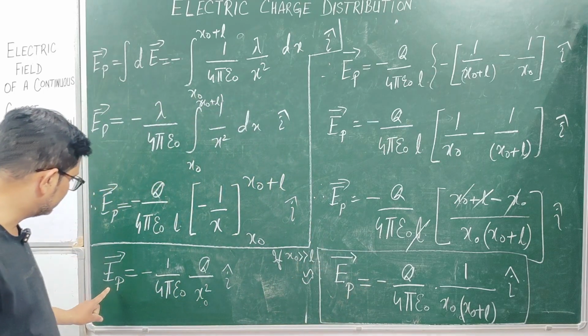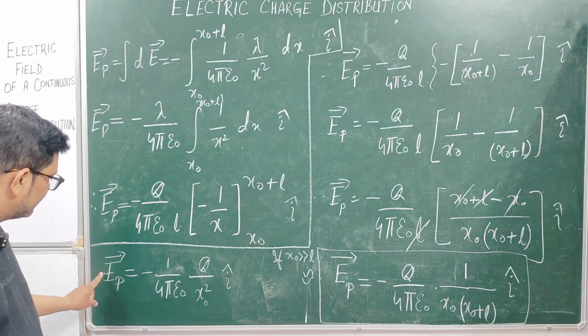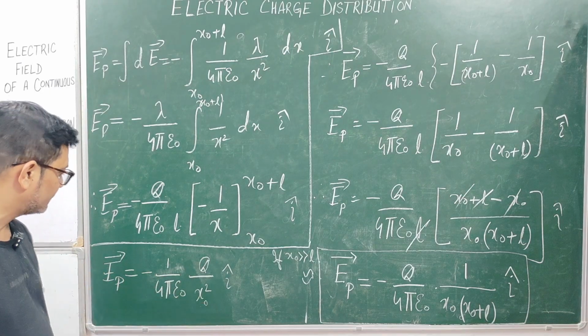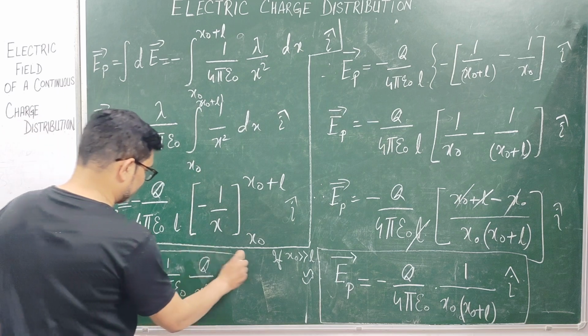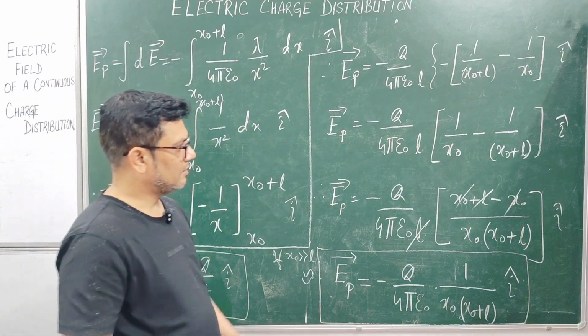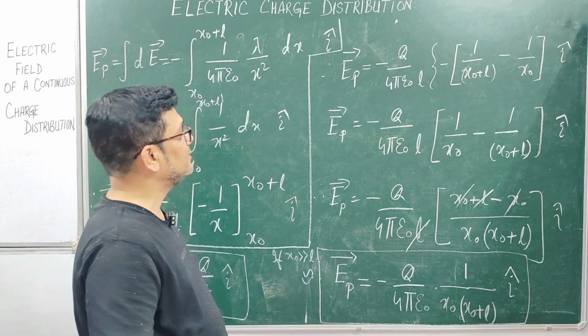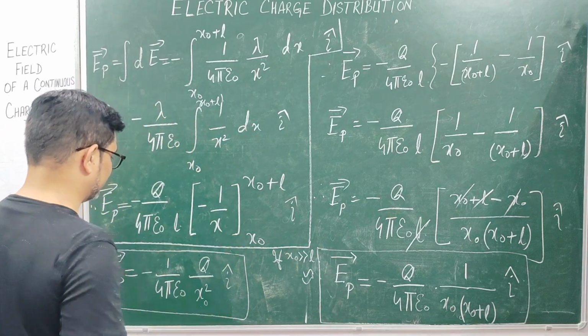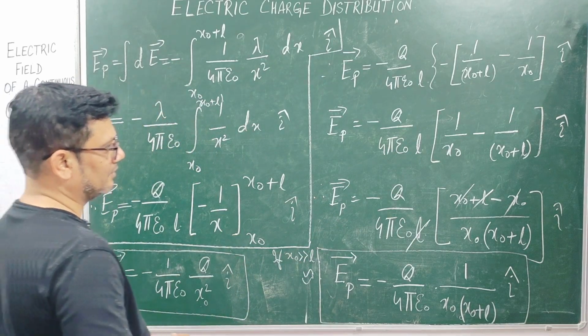And we know by our previous understanding that the electric field because of a point charge is of the same value, same expression. So this is what we get. We have applied this concept of linear charge density and we are able to find this expression. Excellent.